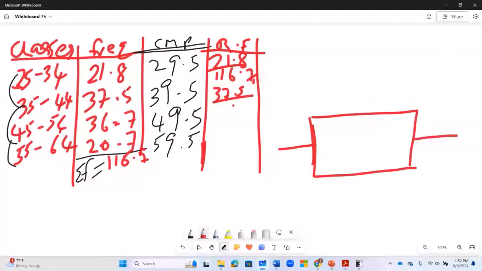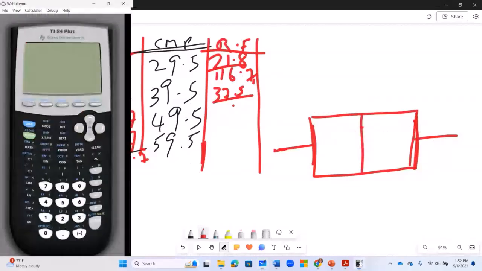I already know that the one variable stat gave me a crooked box plot. The one variable stat that I did in my calculator gave me the 5-number summary. So I will go to the one variable stat that I just did because I still have the data, and the 5-number summary are there: minimum number, first quartile.